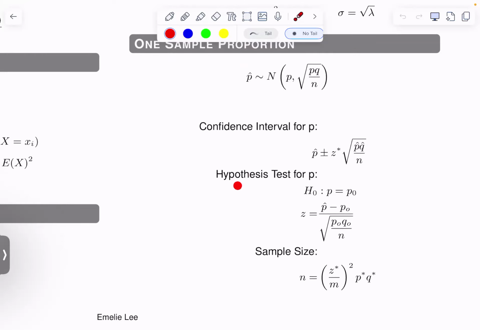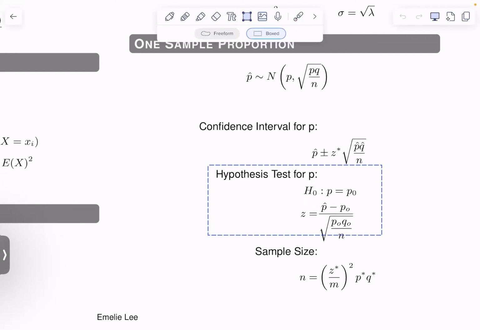If you're doing a hypothesis test for P, then our hypothesis is about the population proportion, right? I use my sample proportion to learn about my population proportion, and then I tell you, hey, here's your null hypothesis. Might be nice to have, right? And I also give you the next step. So let's just grab these here.